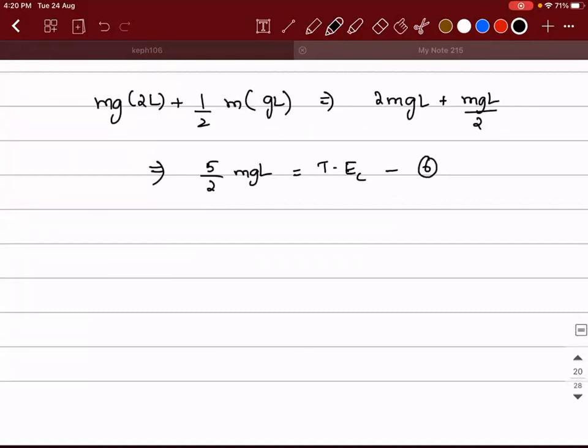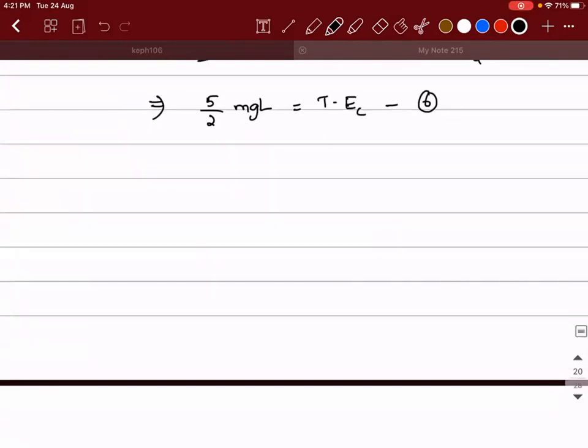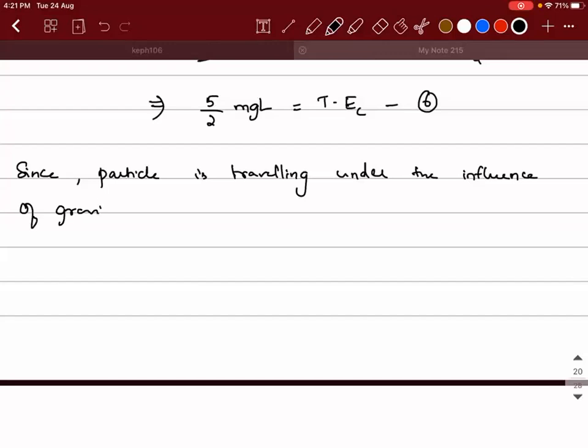Okay. So total energy at point C is 5 by 2 times mg into L. So that is equation number 6. Now see, since the particle is traveling under the influence of gravity, gravity is a conservative force.